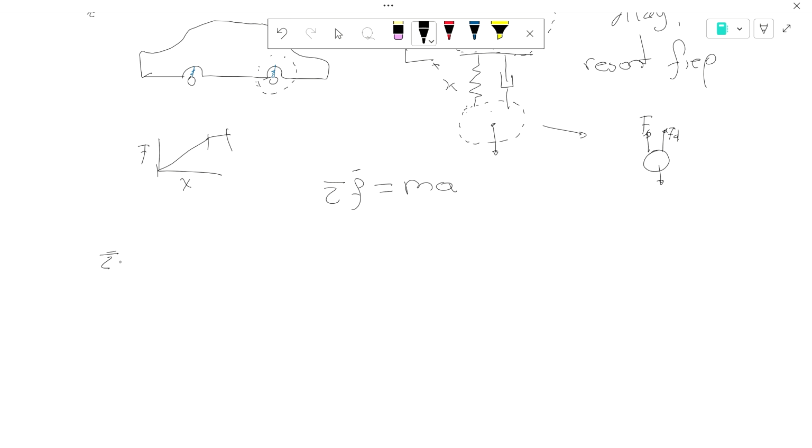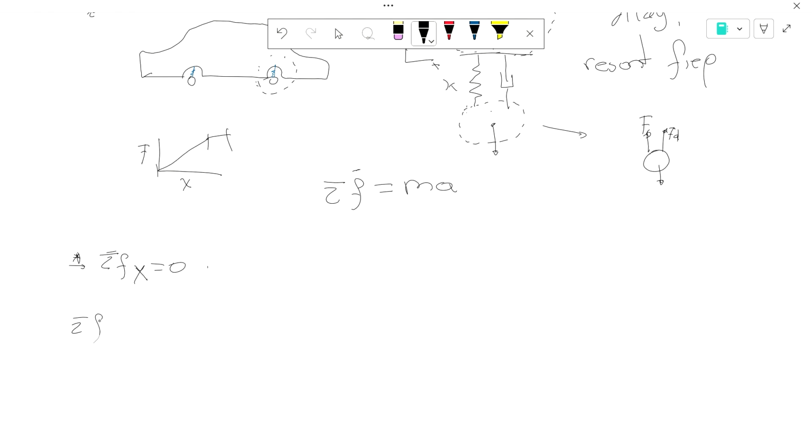Summation of forces in Y. Actually, there's nothing in X right here. It's not moving, it's just lifting the car up. Summation of forces in X equals 0, and that's not interesting at all.